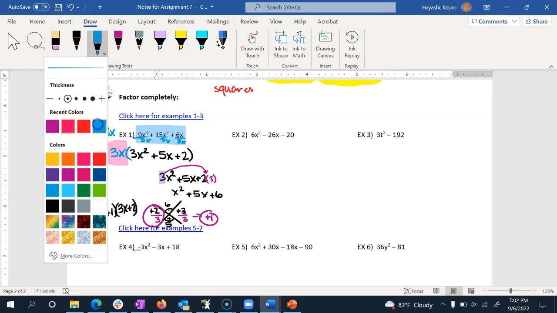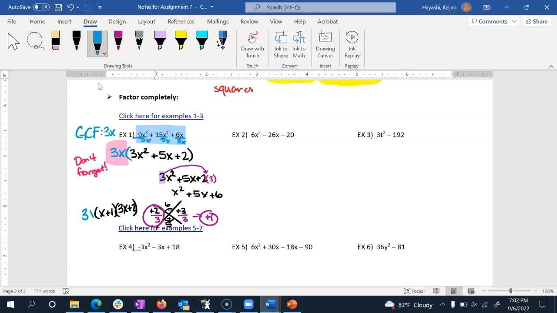The 3x that we factored out in the very beginning. So really, it is just a slide and divide trinomial with the extra step of having to factor out that greatest common factor in the beginning.